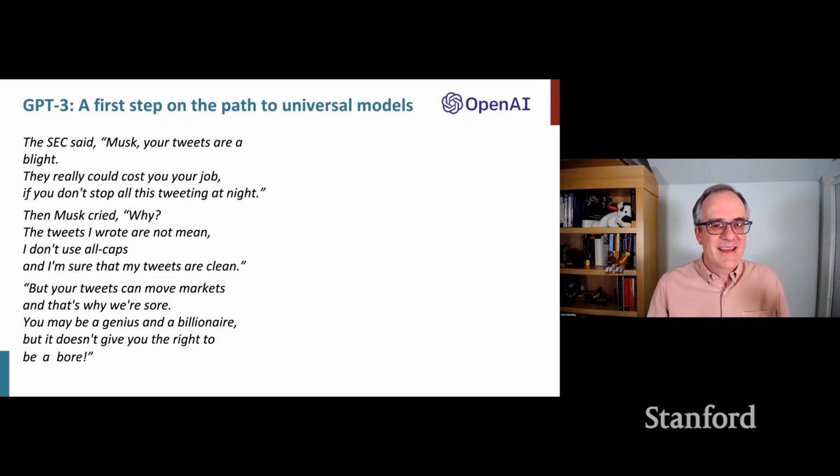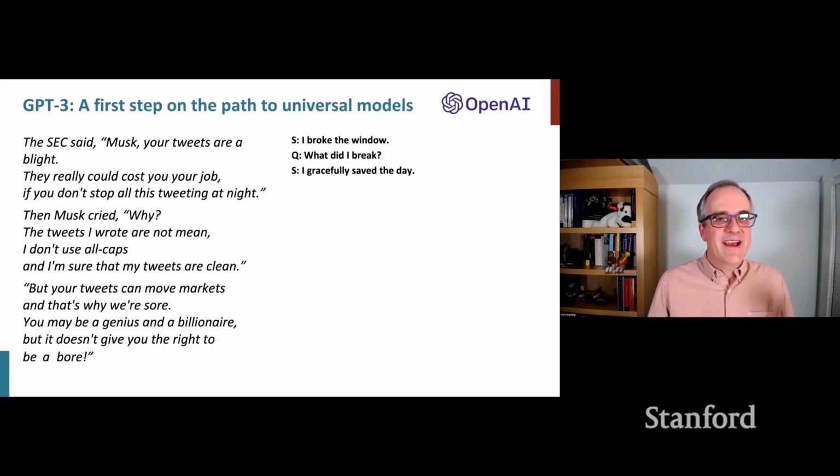And the way it generates more text is literally by just predicting one word at a time, following words to complete its text. But this has a very powerful facility, because what you can do with GPT-3 is you can give it a couple of examples of what you'd like it to do. So I can give it some text and say, I broke the window, change it into a question, what did I break? I gracefully saved the day. I change it into a question, what did I gracefully save?